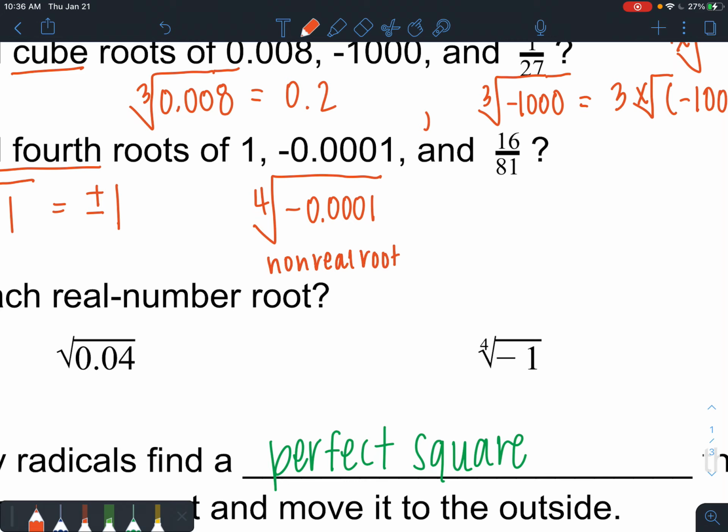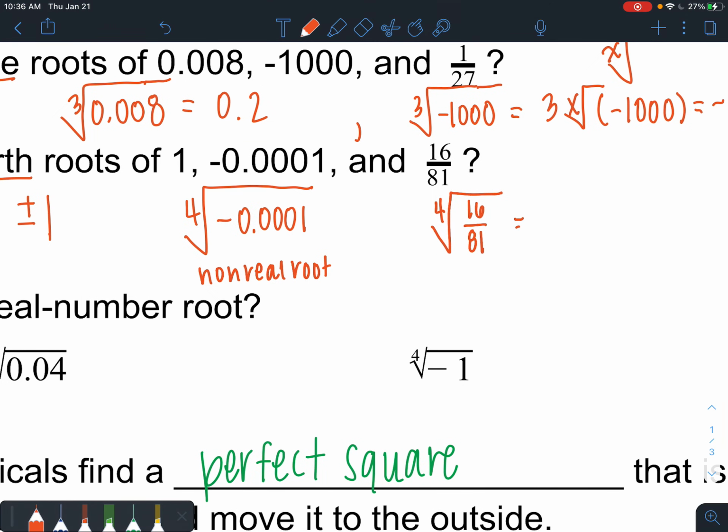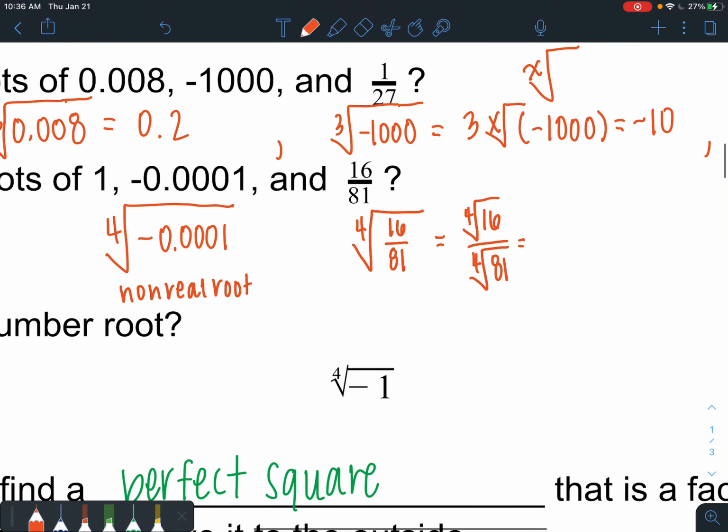Okay, and so then we'll take the fourth root of 16 over 81. Now I'm going to go ahead and show you how to do this. We're going to take the fourth root of 16 and also the fourth root of 81. So we split those two things up. The fourth root of 16 is 2, and the fourth root of 81 is 3, because 3 to the fourth is 81.